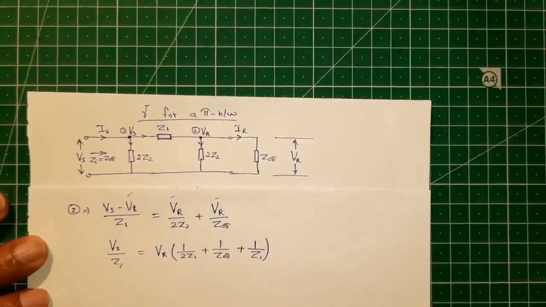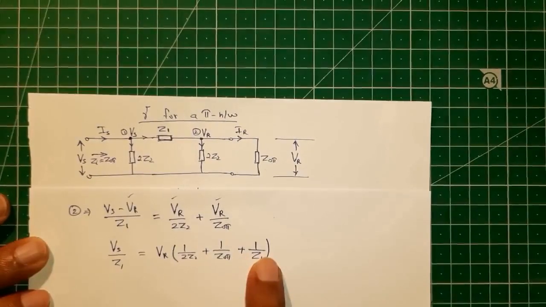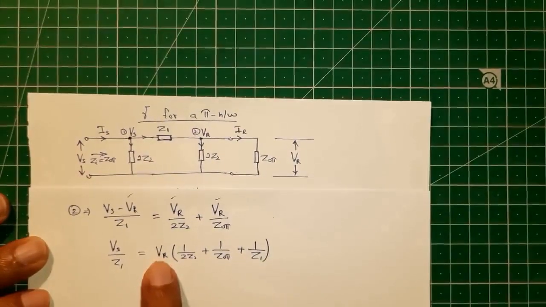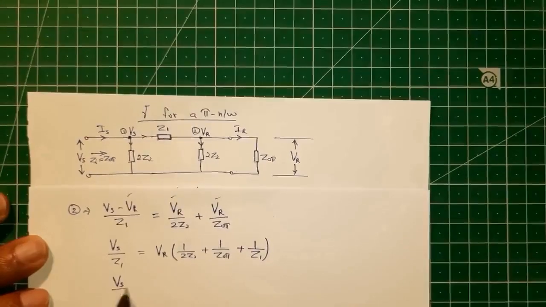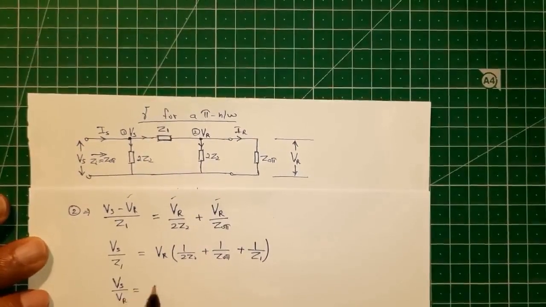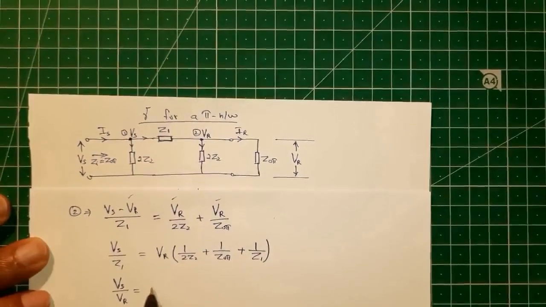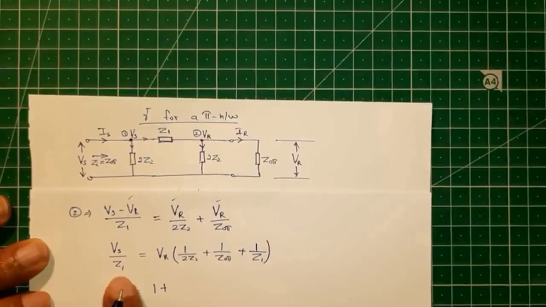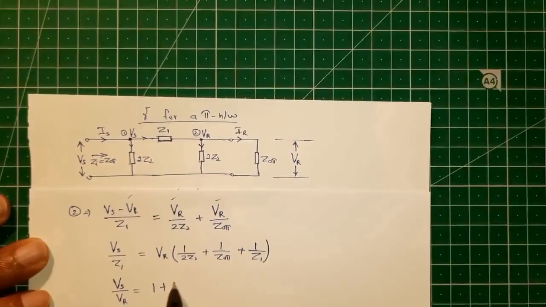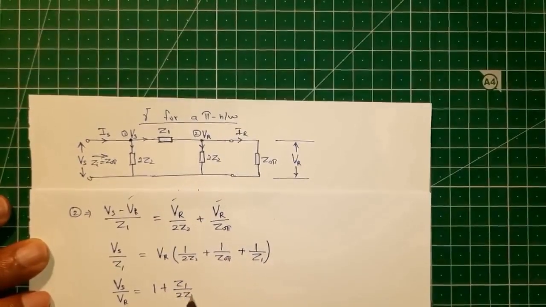Now how do we cross multiply? We will bring this Z1 to this one side, so that we have Vs by Vr on the left hand side. So Vs by Vr is equal to, so this Z1 multiplied with 1 by Z1, that will be equal to 1. Z1 multiplied with this 2Z2 will be Z1 by 2Z2.